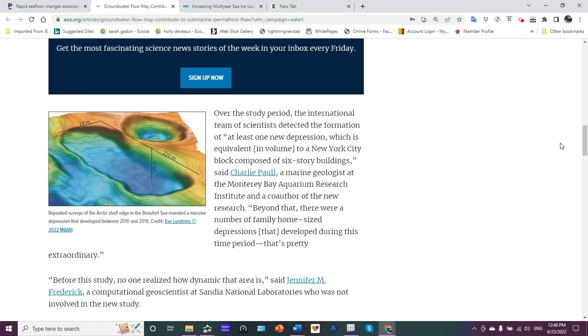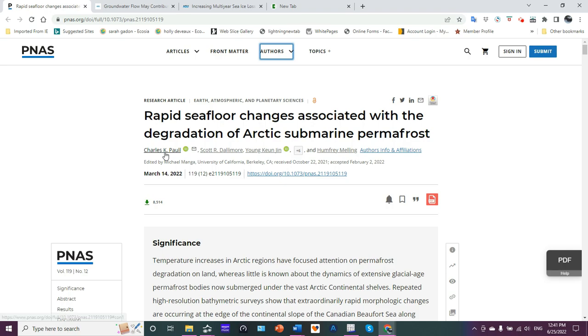Over the study period, the international team of scientists detected the formation of at least one new depression, which is equivalent in volume to a New York City block composed of six-story buildings, said Charlie Paul, a marine geologist at the Monterey Bay Aquarium Research Institute, co-author of the new research. That's this gentleman right there.